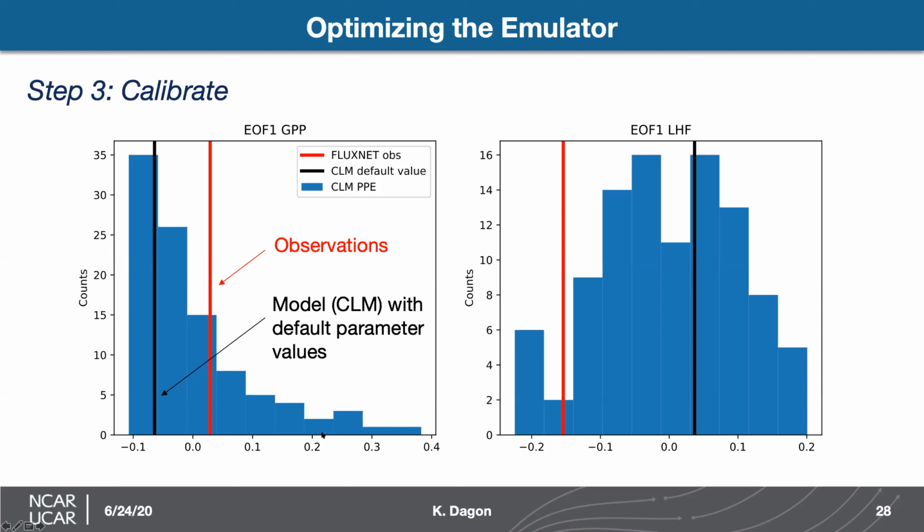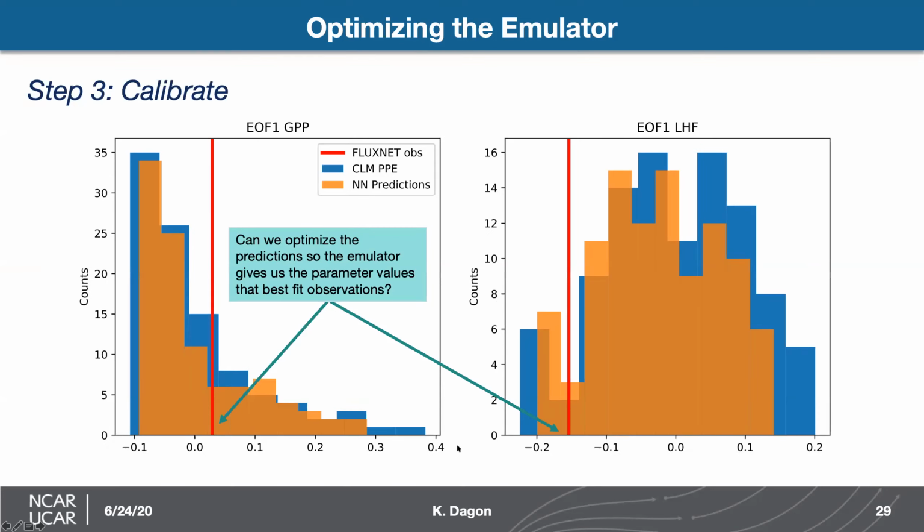So I've put the observations in this EOF space. Now I'm overlaying the predictions in orange on top of these distributions. The question is, can we optimize the predictions so that the emulator gives us the best fit parameter values to these observations? And it's not as simple as just picking out the parameter set in the orange distribution that's closest to this red line, because we've actually got several different metrics that we're trying to constrain at the same time.